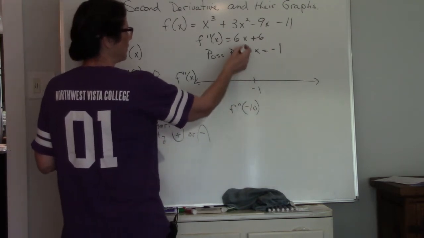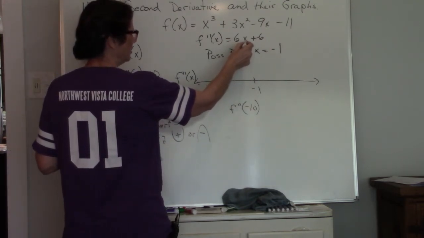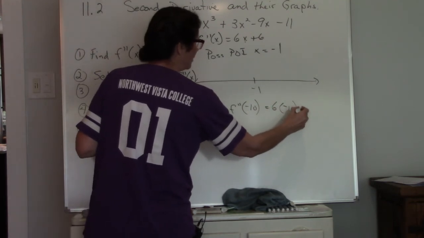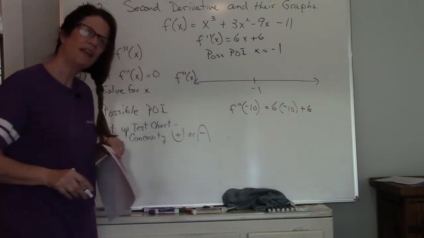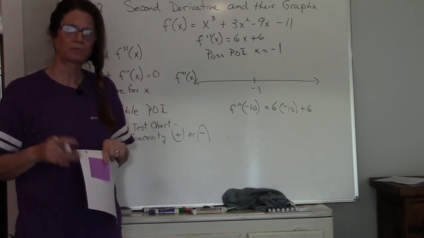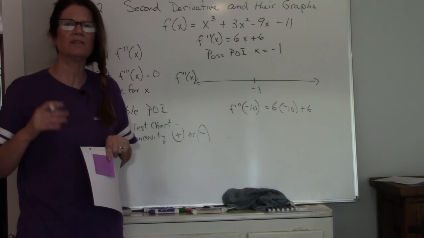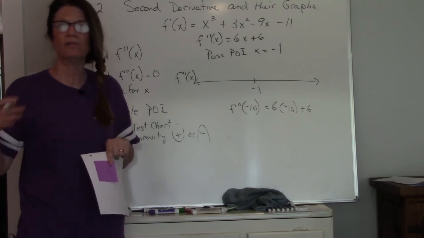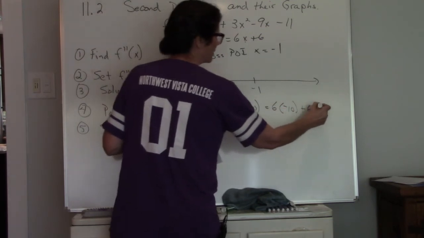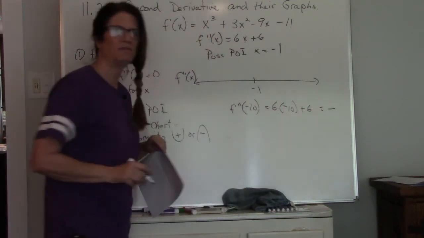So if I plug -10 in here, I get 6 times -10 plus 6. Again, I don't care about the actual number. All I care about is, is my answer positive or negative? So I get -60 plus 6, which gives me a negative value.